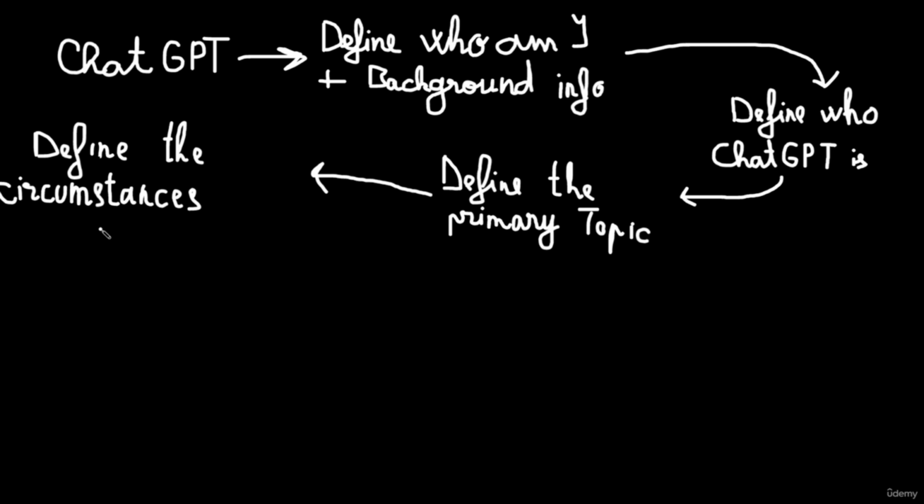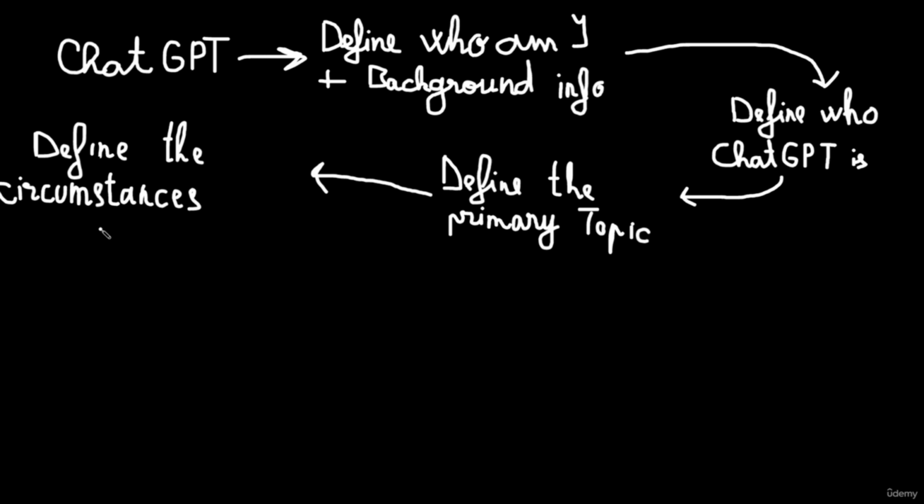Why are you using ChatGPT? What's the problem that you weren't able to solve on your own? For example, you couldn't create a detailed description, or your description wasn't SEO optimized. It didn't have enough keywords. So that's what you want ChatGPT to help you with.